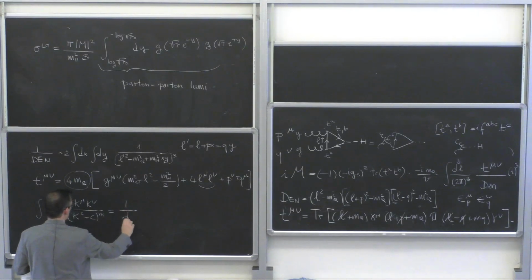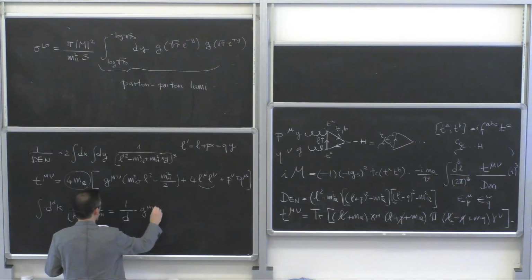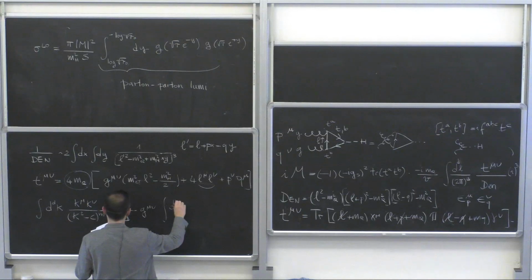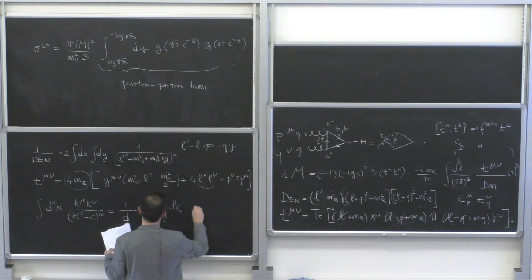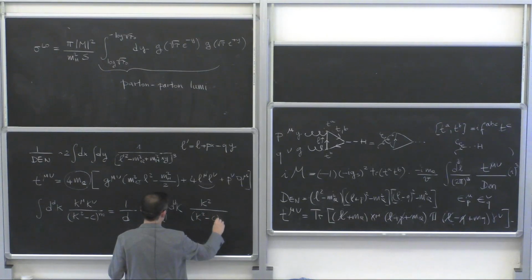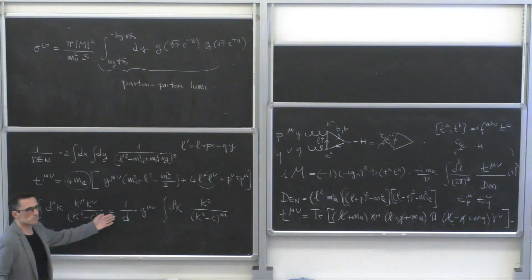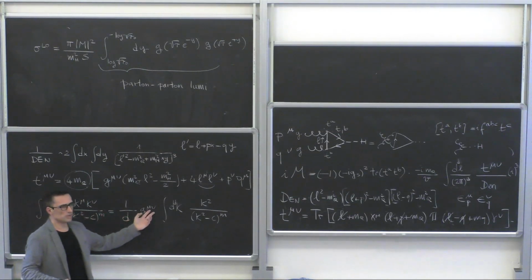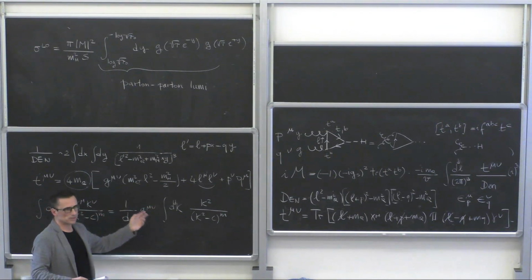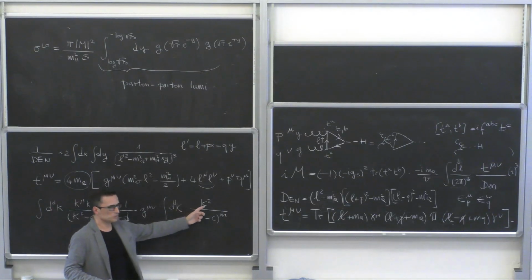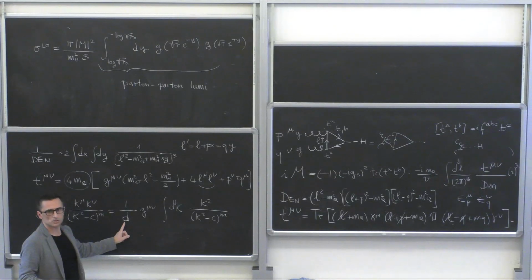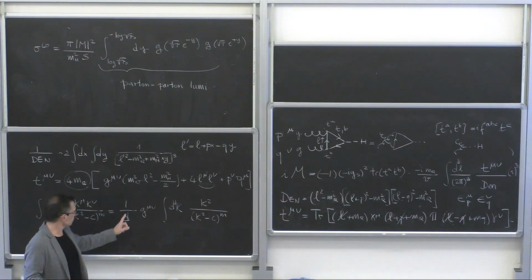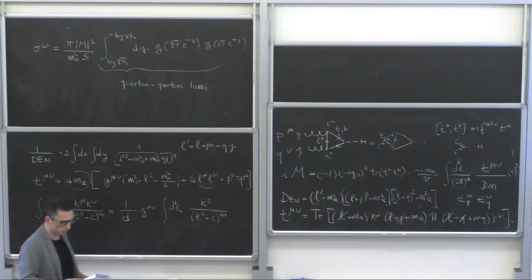This is 1 over d g mu, the integral in d dimensions. So it's a symmetric tensor. This is a spherical integral of 2 momenta. The outcome is an invariant, which is g mu nu, times, dimensionally, a kappa squared. However, in d dimensions, there is 1 over d in front. In 4 dimensions it would be 1 over 4, but in d dimensions it is 1 over d.